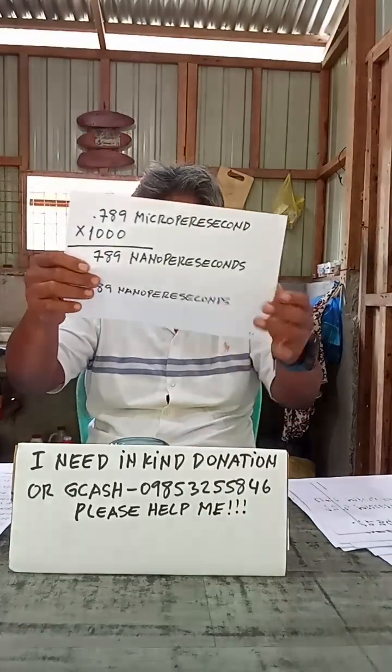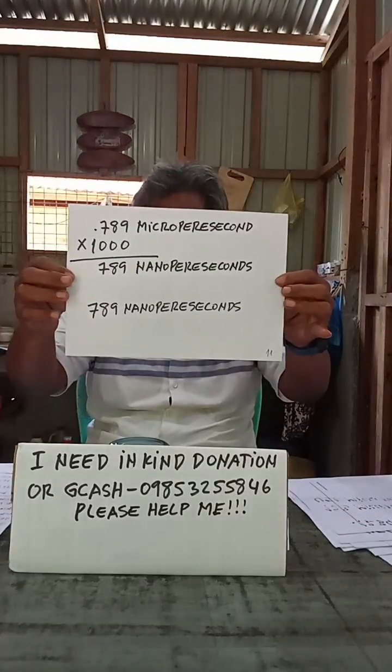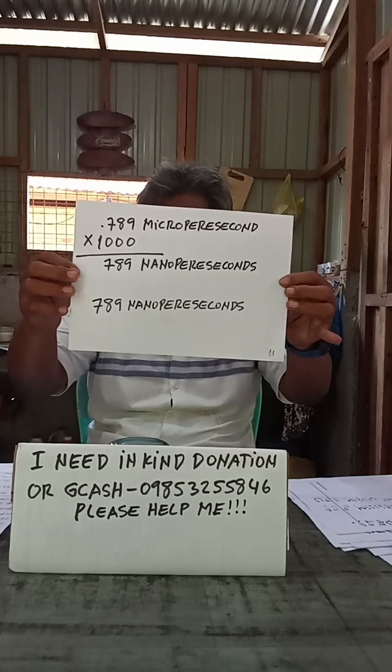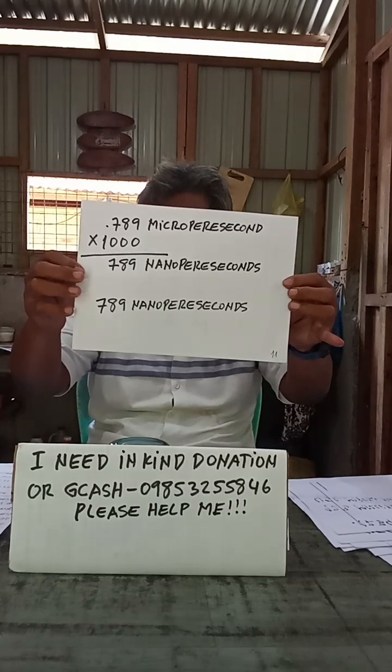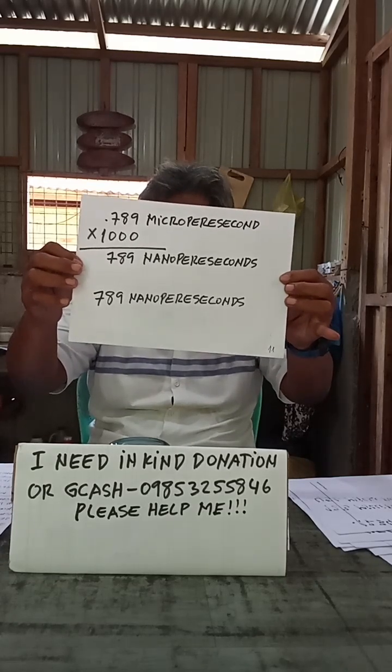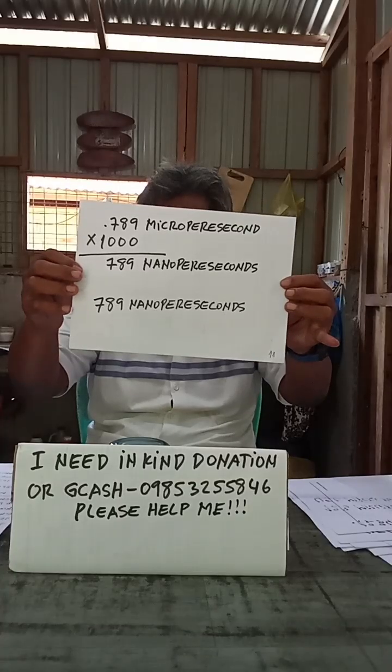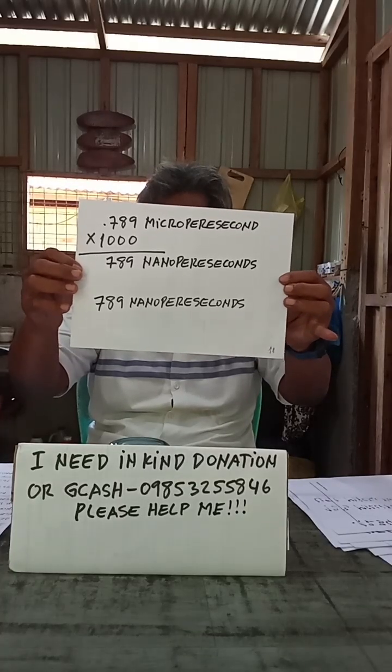Okay, the last one. The smaller unit of time than the microperesecond is nanoperiseconds. Then, 1 microperiseconds is equal to 1,000 nanoperiseconds.